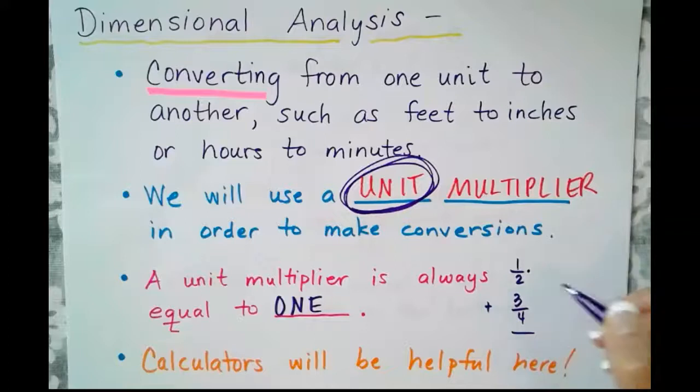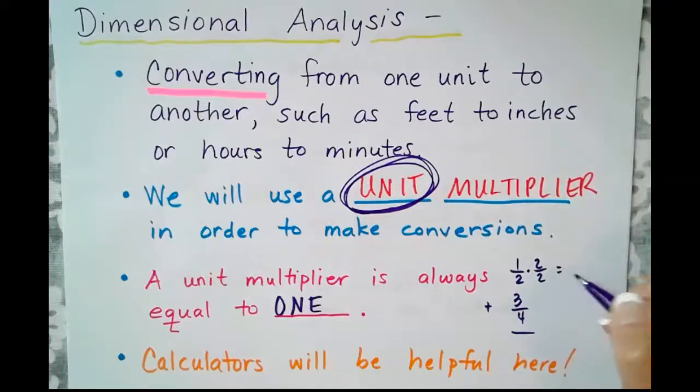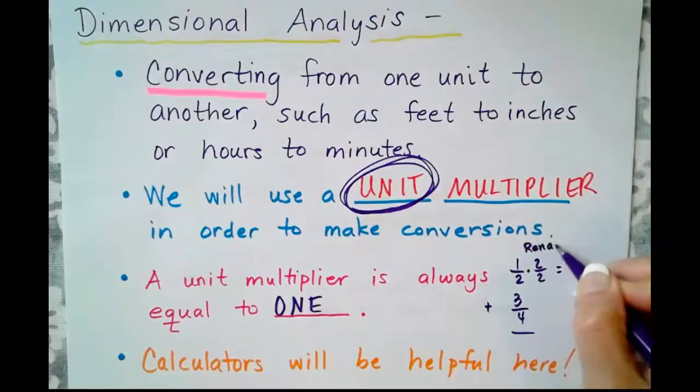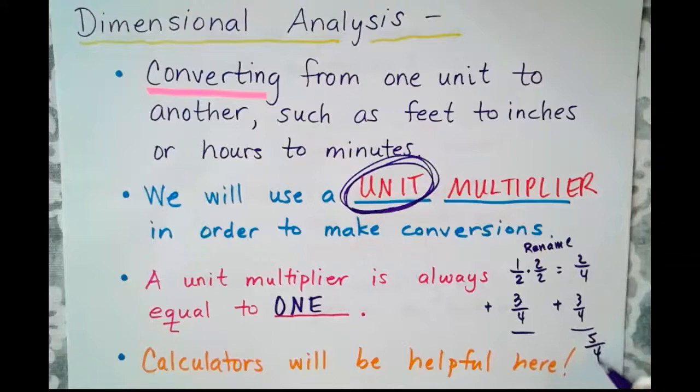So we use a unit multiplier of 2/2, which is equal to 1, to rename 1/2 as 2/4, which allows us to then add 2/4 plus 3/4 and get 5/4. So another word for converting, I guess, could be renaming. We can rename feet as inches. We can rename hours as minutes. And we do that using a unit multiplier, and a unit multiplier is equal to 1.